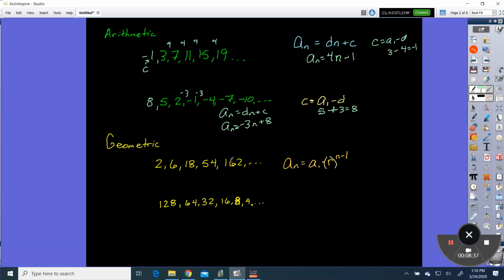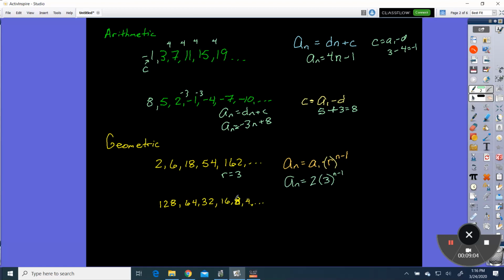So if you take any consecutive numbers and take the last one divided by the one in front of it, it will give you the r if it's geometric. Okay, so 2 times 3 is 6, 6 times 3 is 18, 18 times 3 is 54, so that's the r. Now I just plug stuff in. My first term is 2, my r is 3, and n minus 1. That's my general equation.